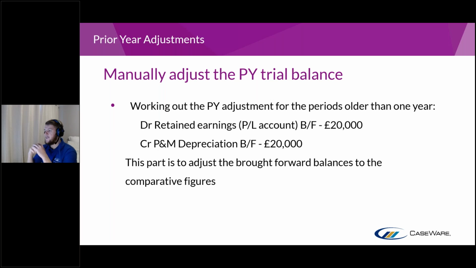Okay, and that then will take into account the effect of prior years 2 to 5. So 4 times 5,000 being 20,000. We're going to credit the brought forward depreciation here, and we're going to debit the retained earnings brought forward. Okay, now quite key here is that in the prior year adjustment, we debit the retained earnings account brought forward, not the prior year adjustments account. Okay, so just to flag that up there.